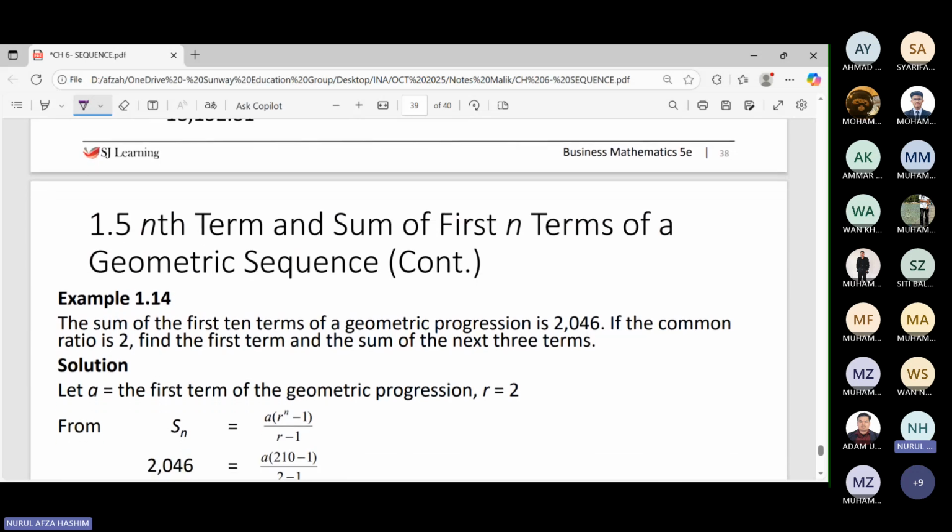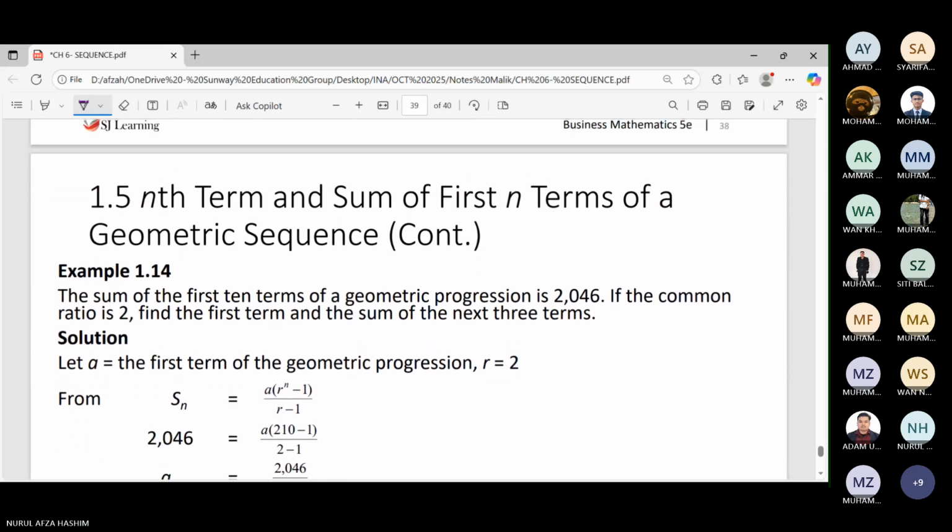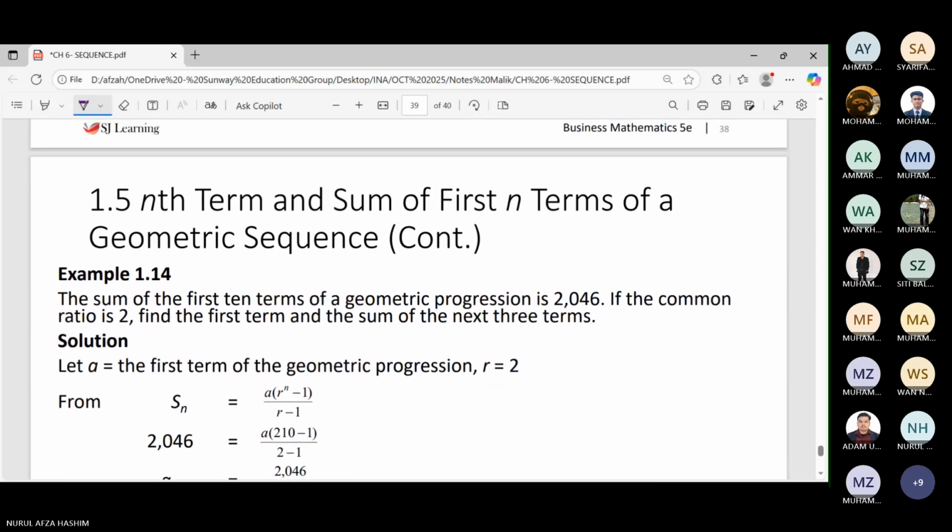Okay. How about this one? How to write down the equation here? So the last statement here, sum of the first 10 terms is 2046. And the common ratio, they give it to you, the R here is 2.